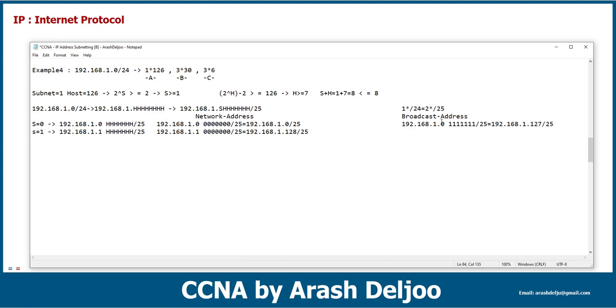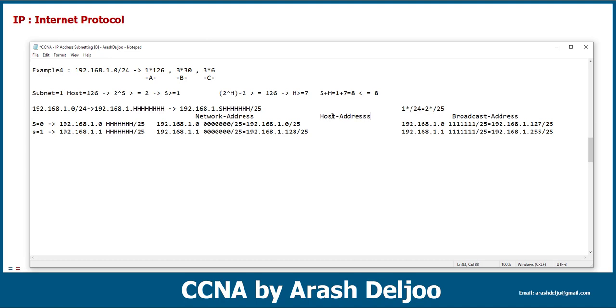That's it. If you subtract 128 from 255, you will have 127. And for the next network, we have this broadcast address: 192.168.1, the bit is 1, then 7 ones, /25. This means that the broadcast address of the next network is 192.168.1.255/25.